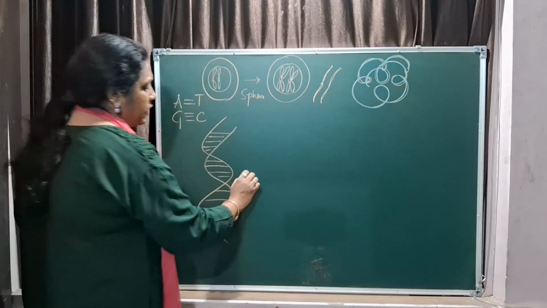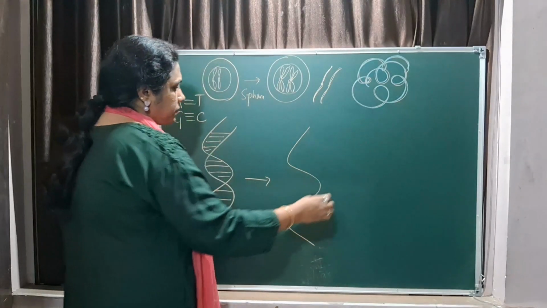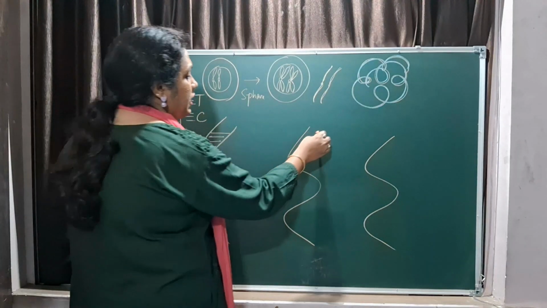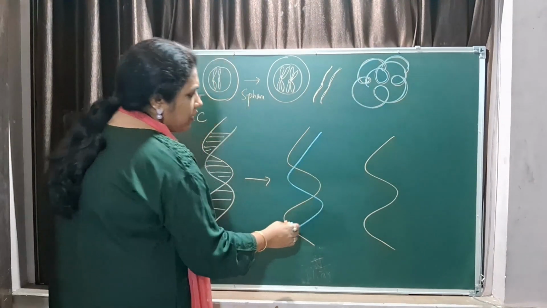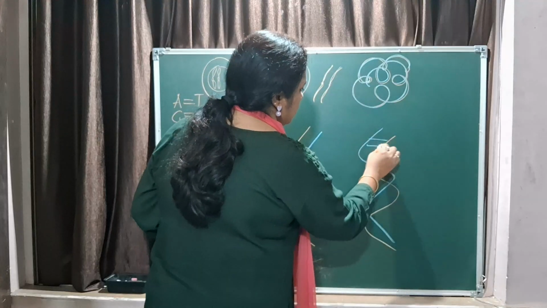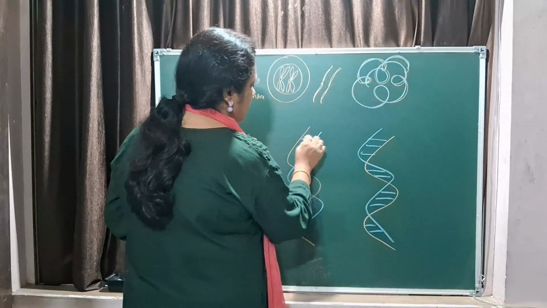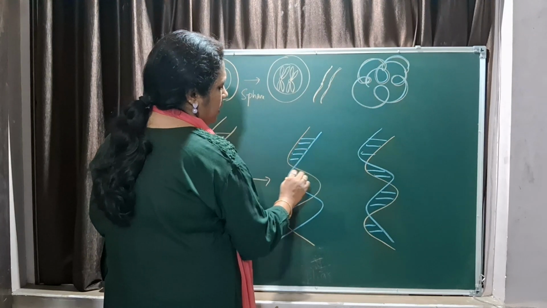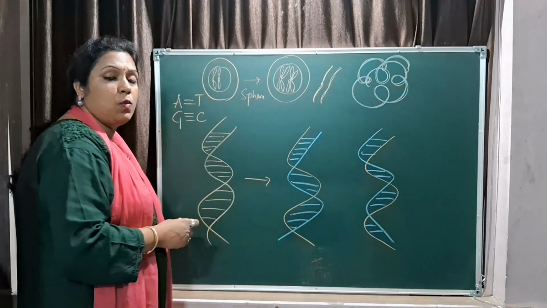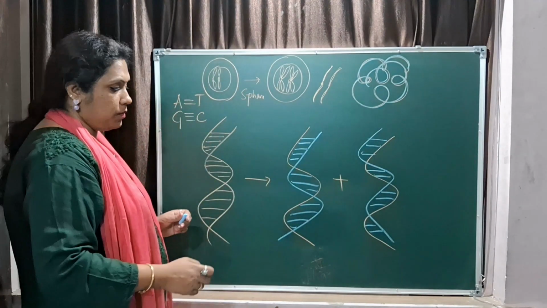Now, when this parental DNA forms the daughter DNA, you have the parental strand being conserved in the daughter's strand. Understood what is happening? So, here you can see this orange line, that is the parental strand. So, the daughter DNA contains one parental strand, okay, one DNA becoming 2.